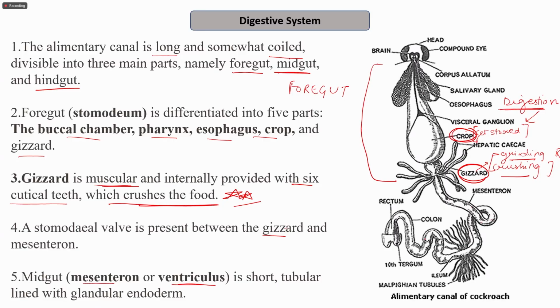It is a short tubular structure, lined with glandular epithelium.